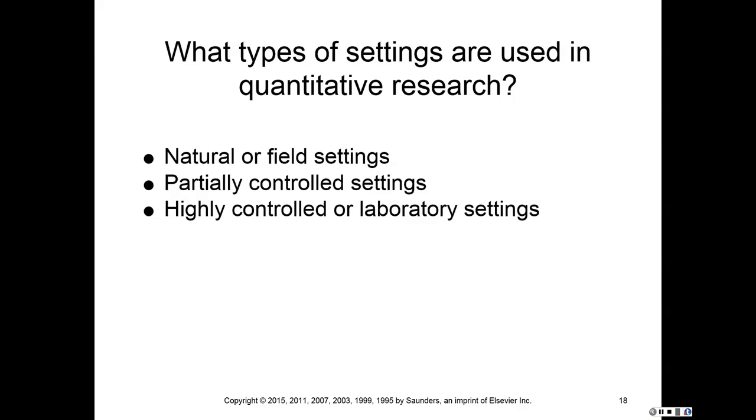What type of settings are used in quantitative research? Natural or field settings, partially controlled and highly controlled. So a natural setting would be a researcher who's going to investigate some aspect of community health, and might go to a health fair and interview subjects or participants there.